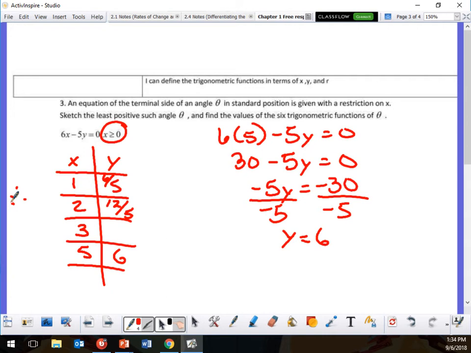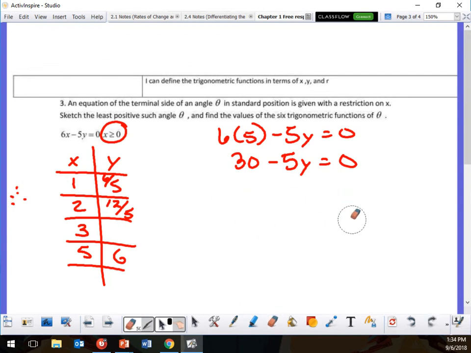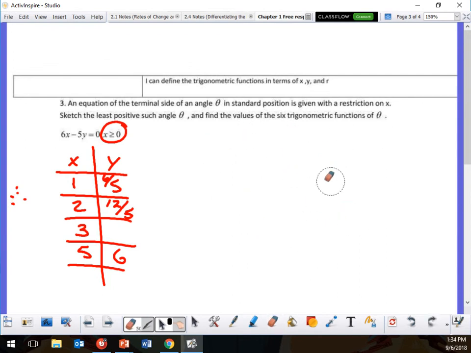So now I have an x, I have a y. And what's the next thing I need to find? I need to find my r. So let's go ahead and do that here. That's the point I'm going to use right there.